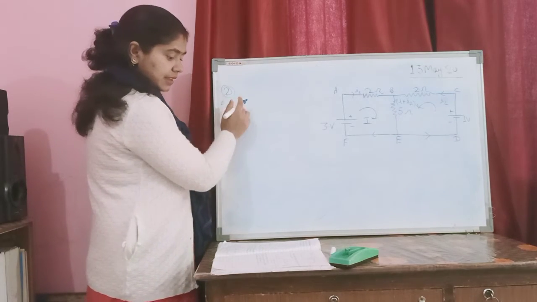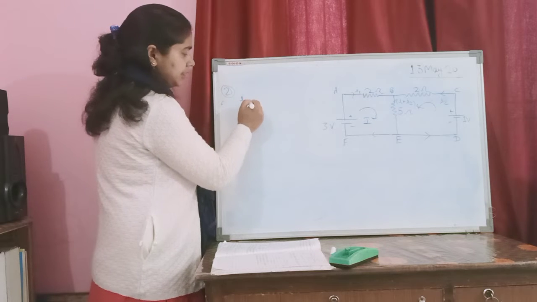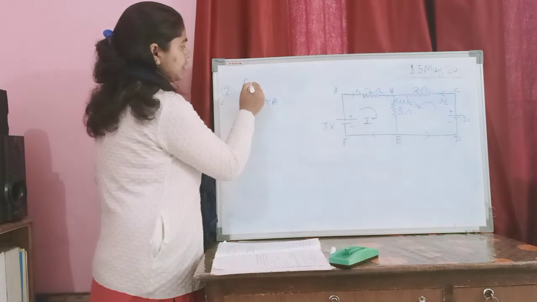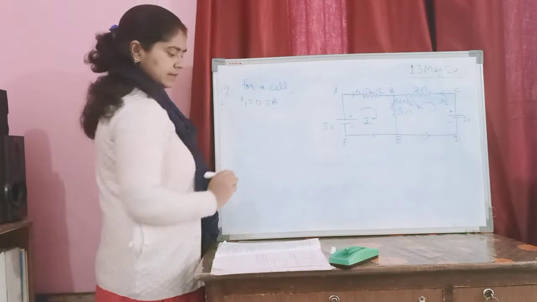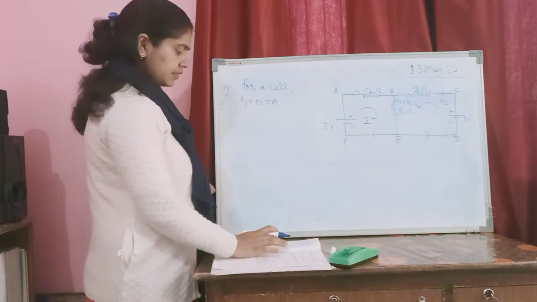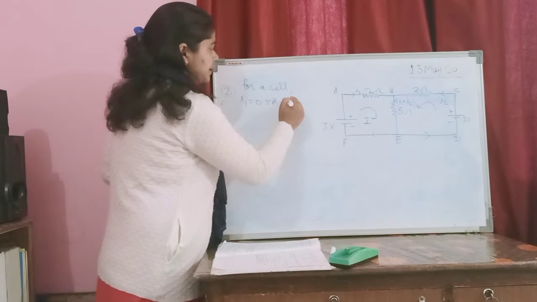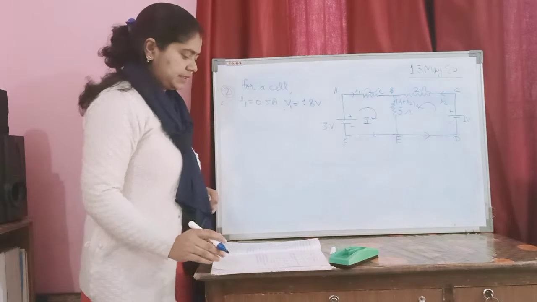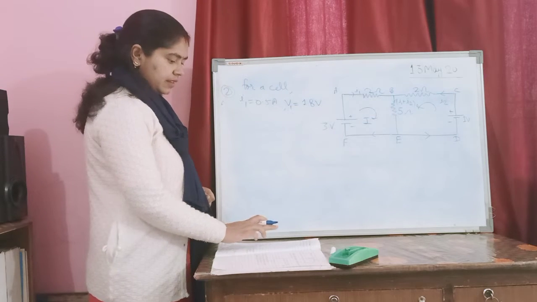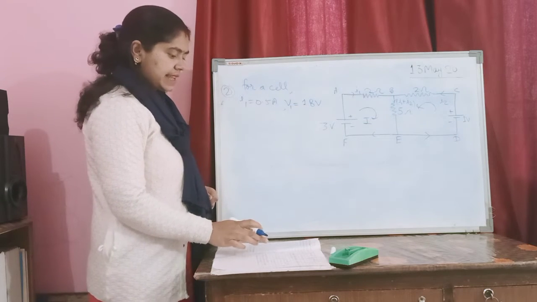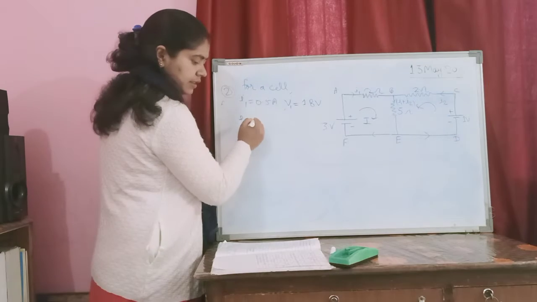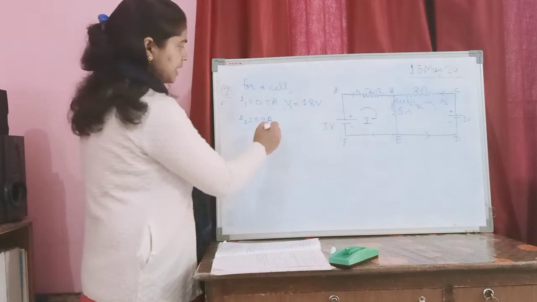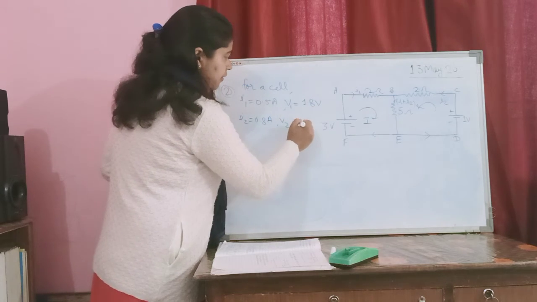Here the current I1 is 0.5 ampere for a cell and its voltage V1 is 1.8 volt. If this cell gives current I2 of 0.8 ampere, then its voltage is 1.5 volt.